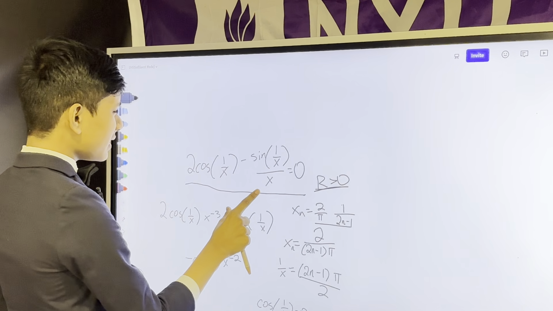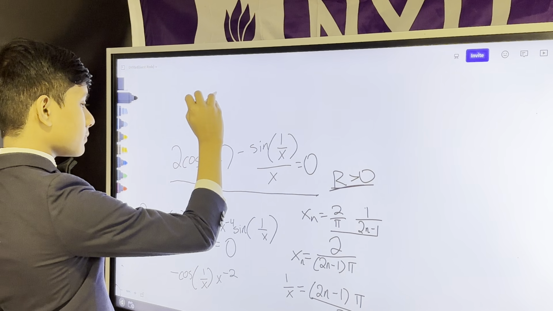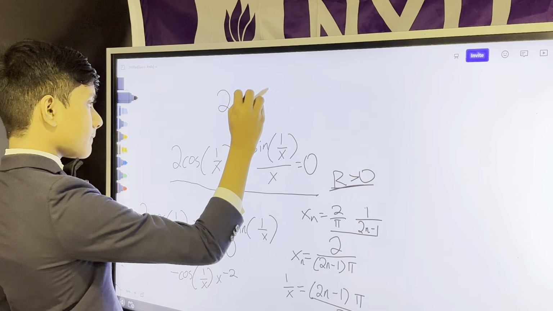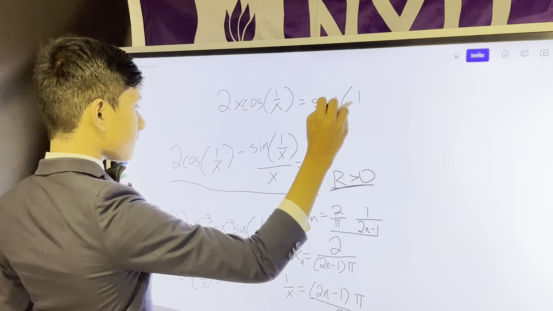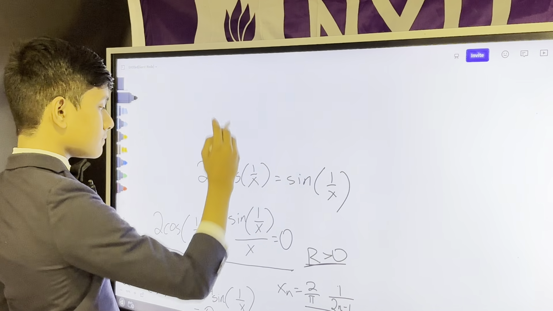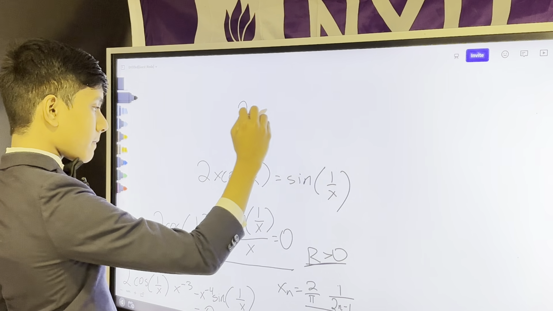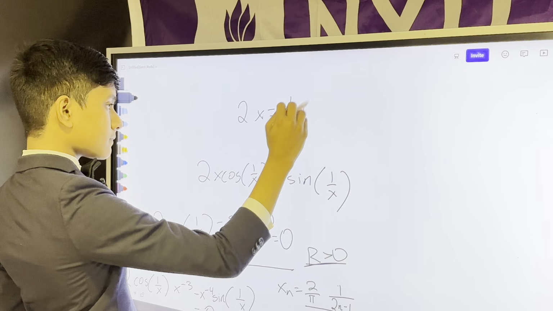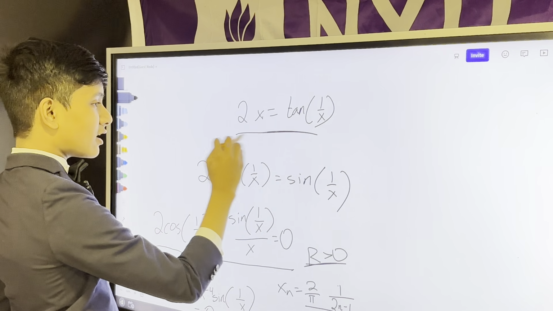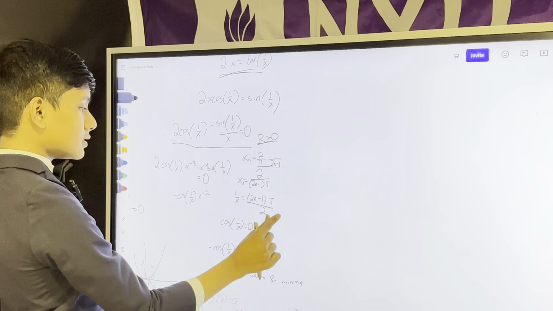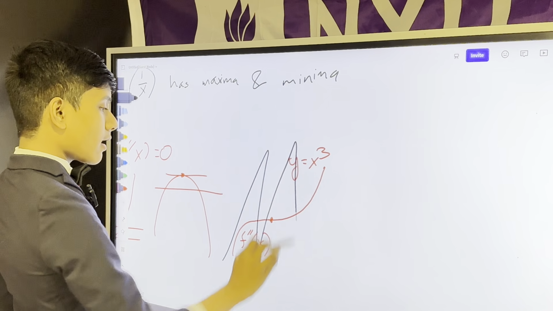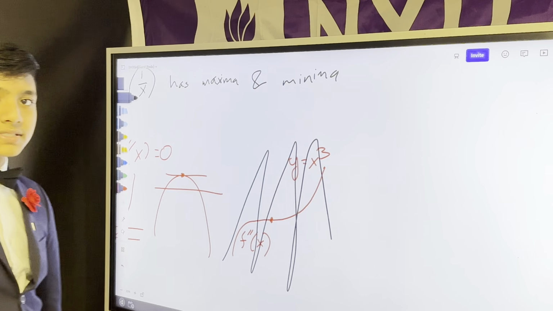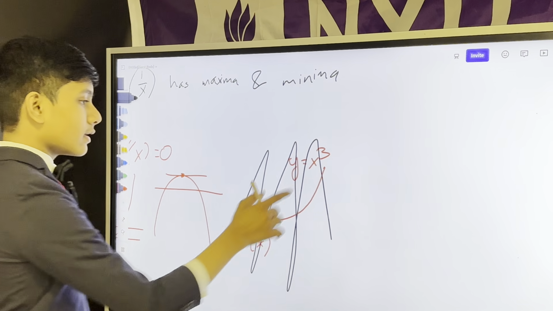And this is pretty much never true. Yeah, this is not true. So that means that we're never going to find any of these inflection points anyway, right?